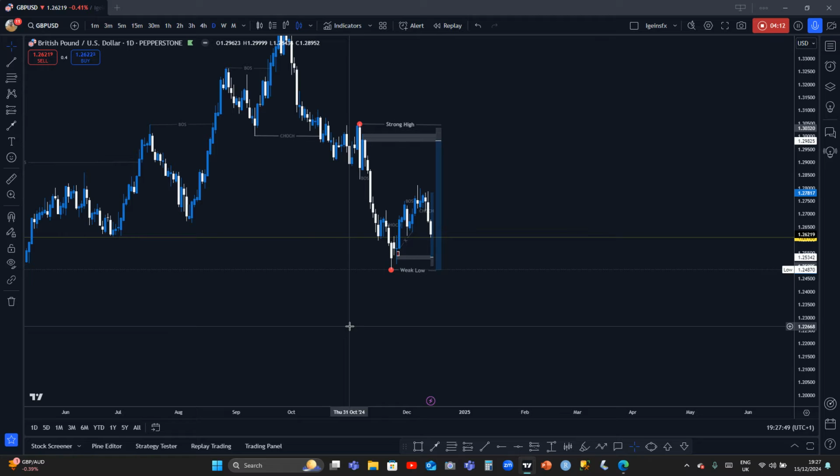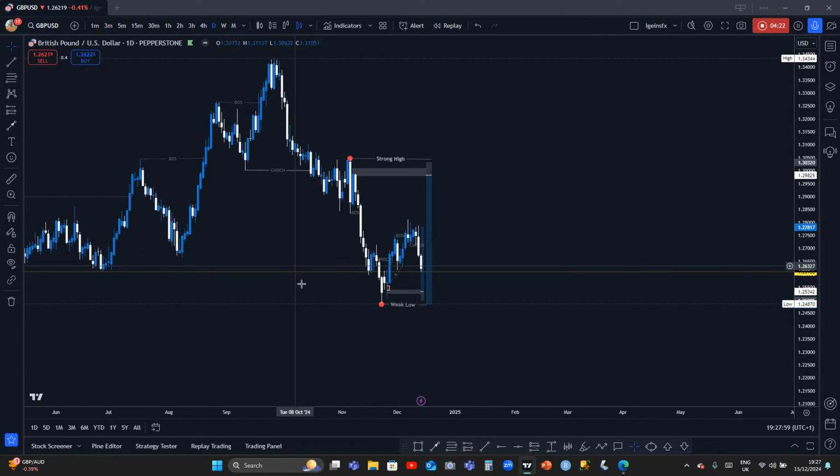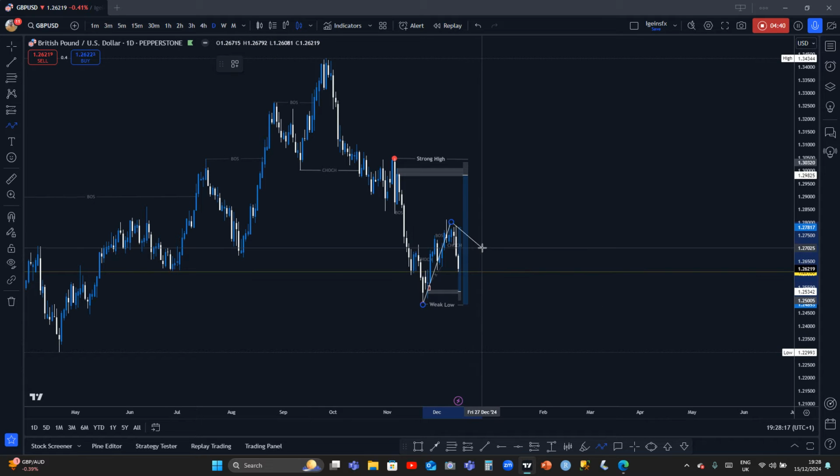You remember, like I told us, we trade from the strong leg to take out the weak leg. What do I mean by that? Now that we are bearish, this low, at some point, price has to go there, because we trade from the strong level to the weak level.